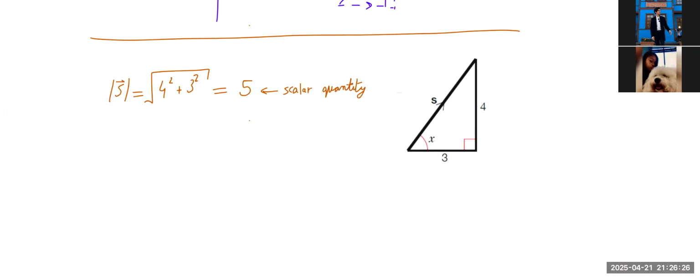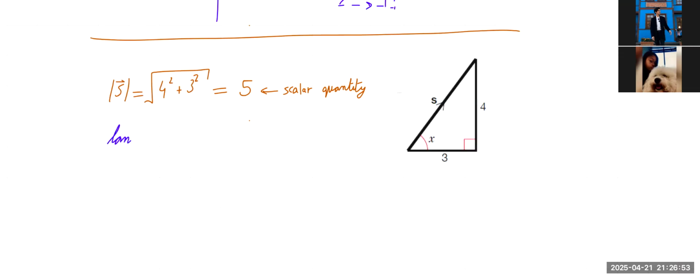Now, what about the angle x? How can we find angle x? What do you think? It's a right angle triangle, so you can use tangent.